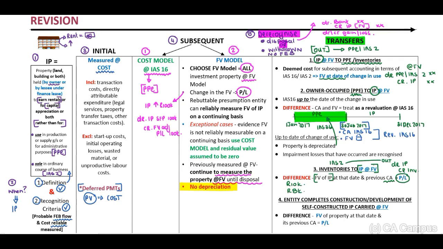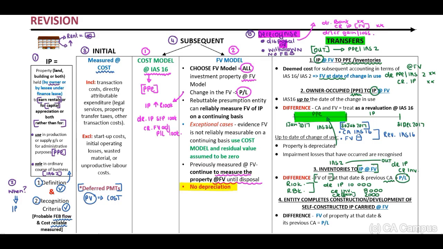Our journal entry will be to debit our investment property at fair value, which is the 10,000, to credit our inventory with 8,000. The remaining 2,000 shall be recognized as a gain in our profit and loss.